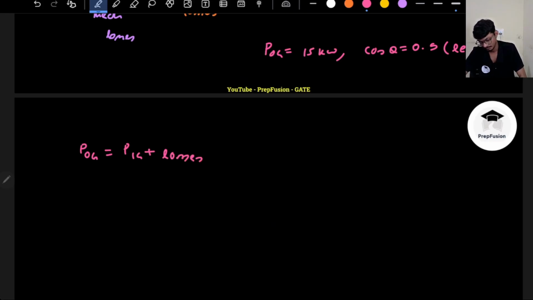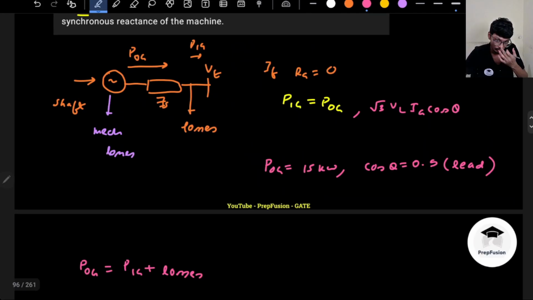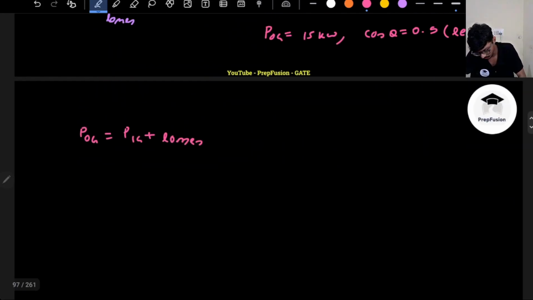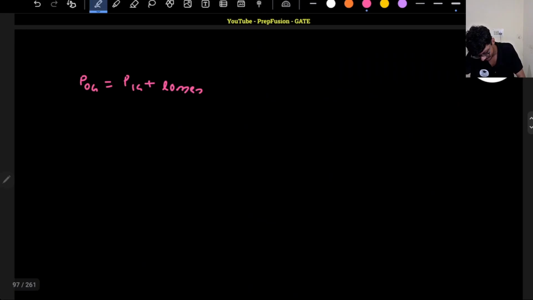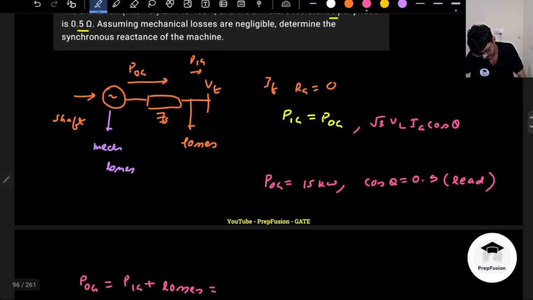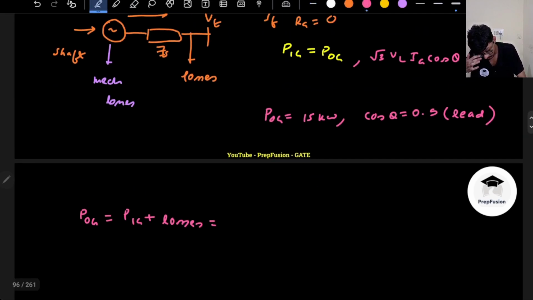I will not be able to calculate the core losses, so the losses over here are the copper losses. So POG equals PIG plus the losses. PIG is this, this is my PIG basically.